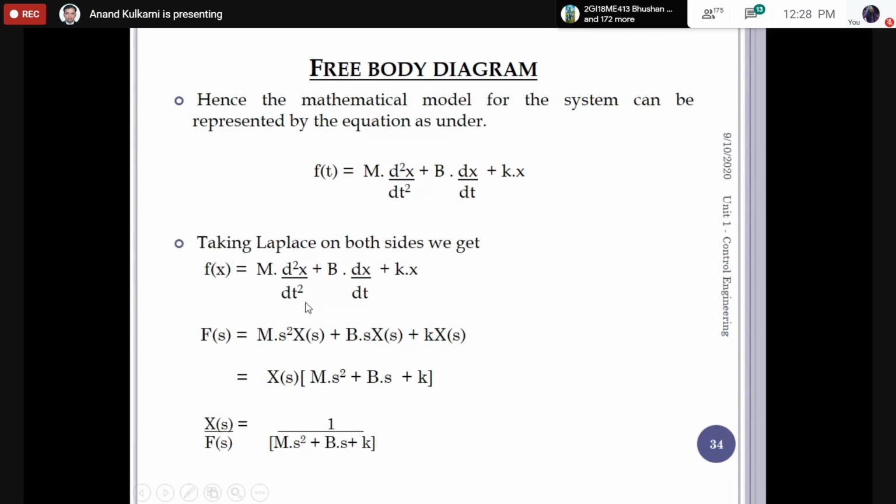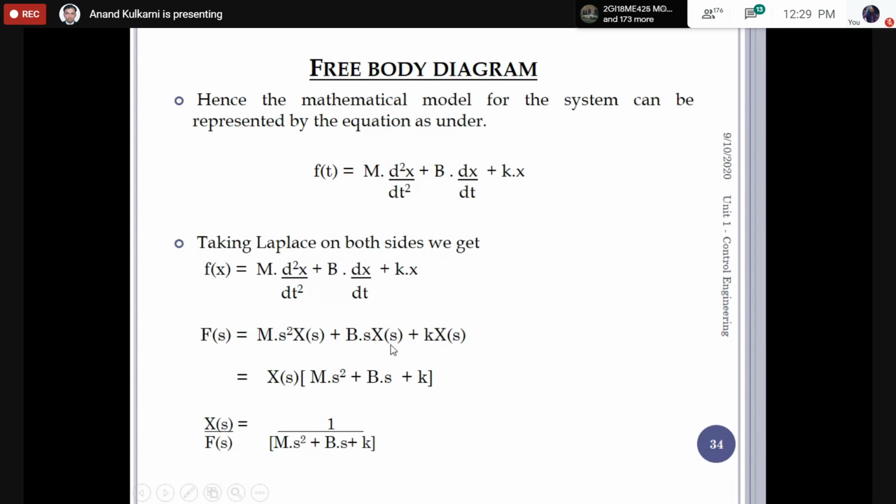But it is time invariant, so there is no time appearing along with the mass or b or k. Hence it is a time invariant system. As per the definition of a transfer function, it is for a linear time invariant system. So this is a linear time invariant system, and hence we can take the transfer function.